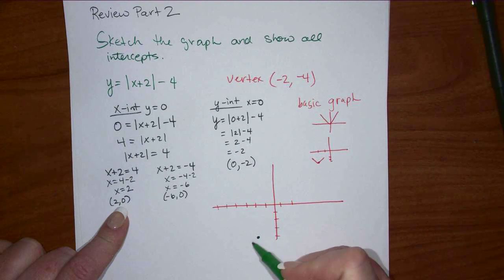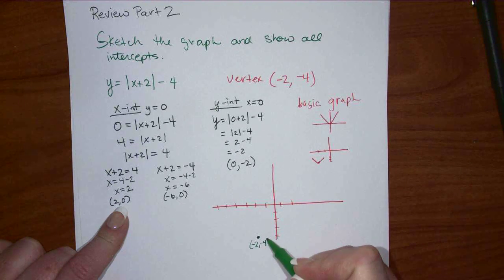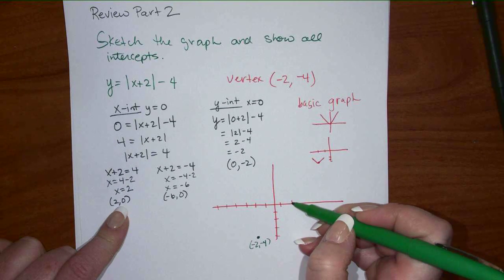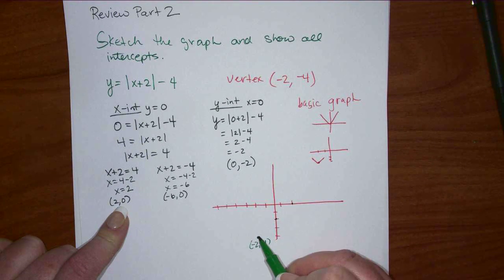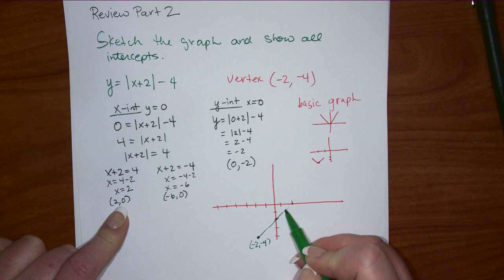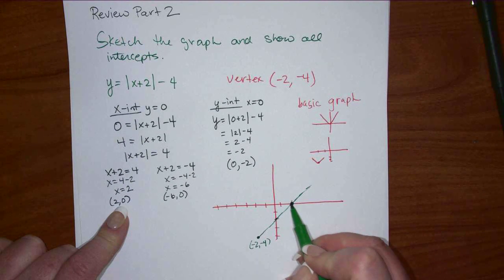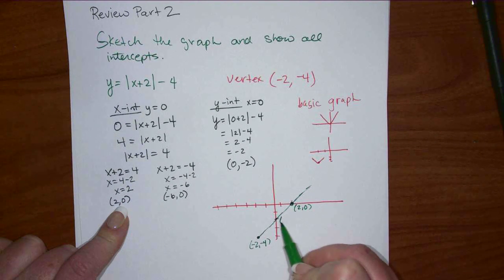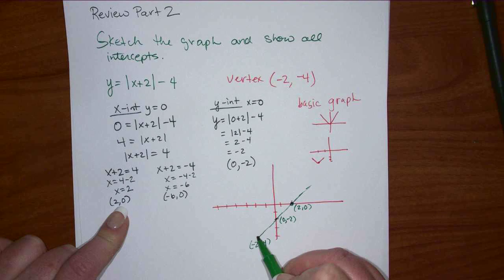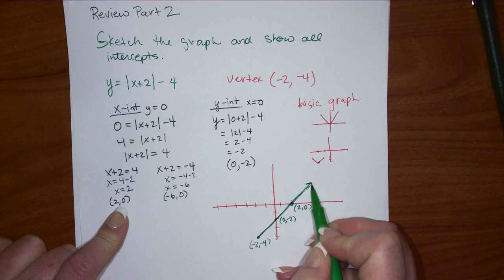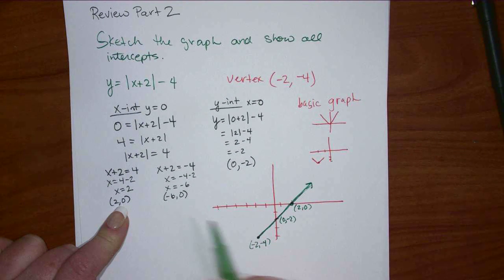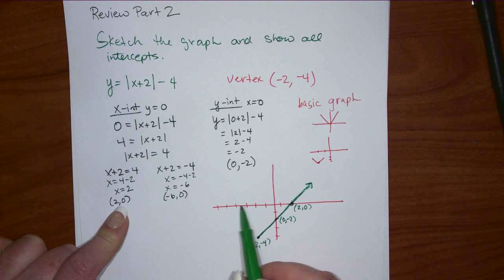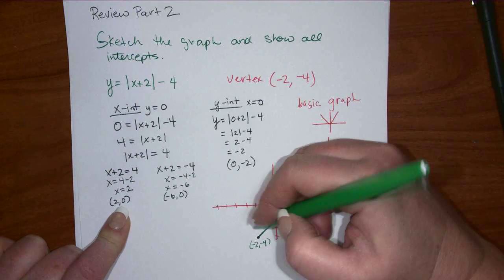This is our vertex. So 2, 0, and negative 2, 0. Or is 0, negative 2. And then on the other side is negative 6. So that was 2, 3, 4, 5, 6 right here.